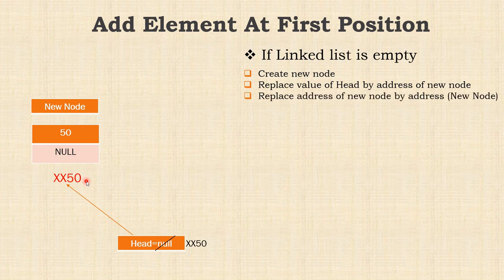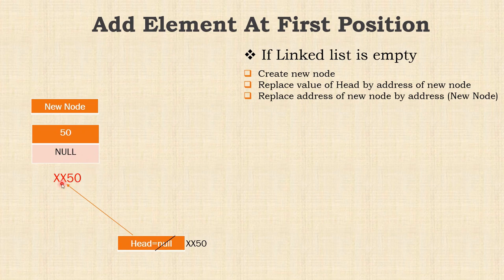This is the first step, and after that we have to replace the address of the new node. Now this is a circular linked list, so at the last of your circular linked list it should contain the address of your first node. In this case this is the first node as well as the last node.